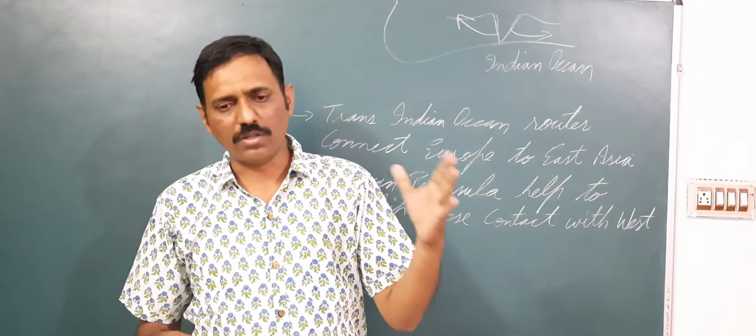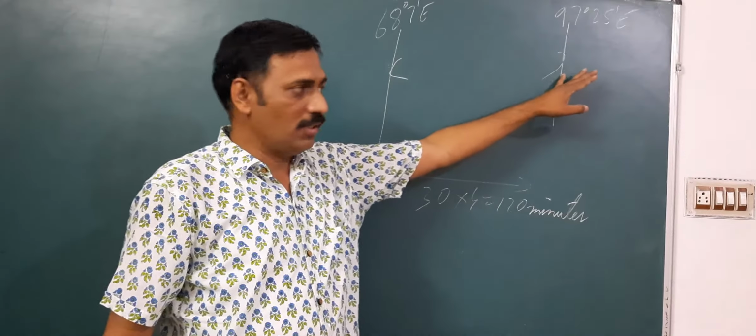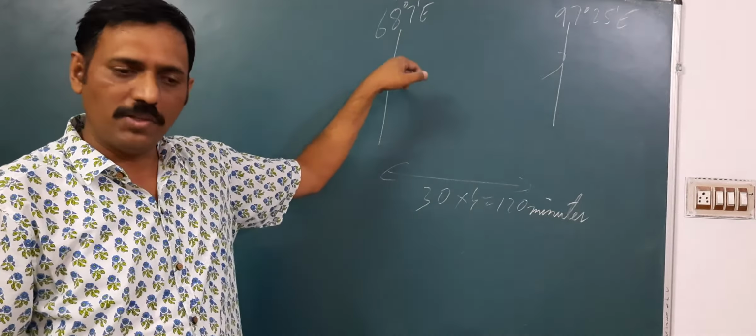So the time lag will be 30 into 4, that is 120 minutes, around 2 hours. Here Arunachal Pradesh is there. That's why the name is Arunachal Pradesh. Arun means sun. Arunachal Pradesh means the land of the rising sun. So the sun will rise here first and at last in Gujarat. Once the sun rises here, after 2 hours the sunrise will be there in Gujarat.